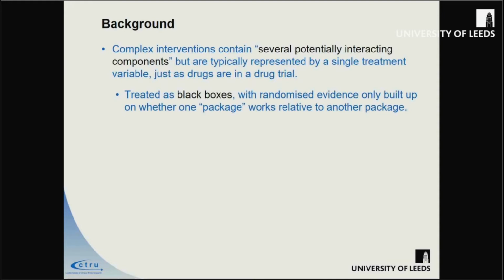As a result, there have been 50 years' worth of trials in this area, and what we really only know about is the effect of one intervention package versus another. We don't really understand, other than qualitatively and observationally, the effects of the individual components and how those interact with one another.